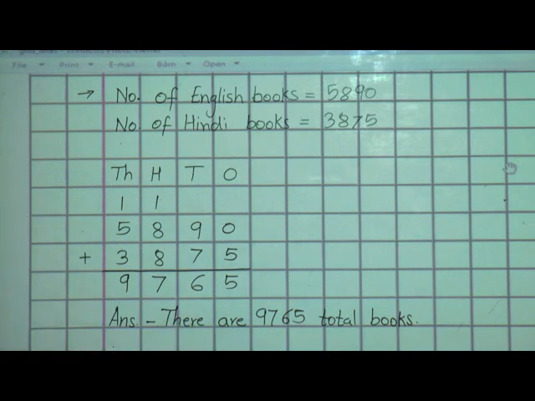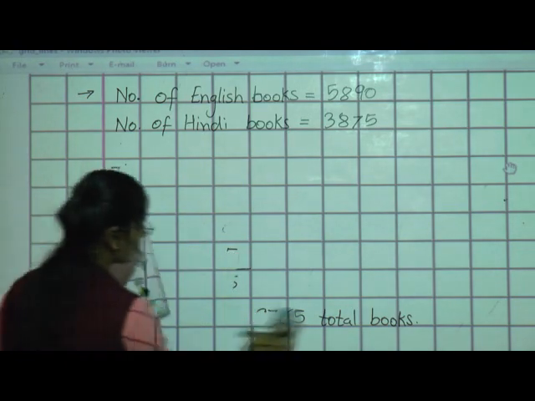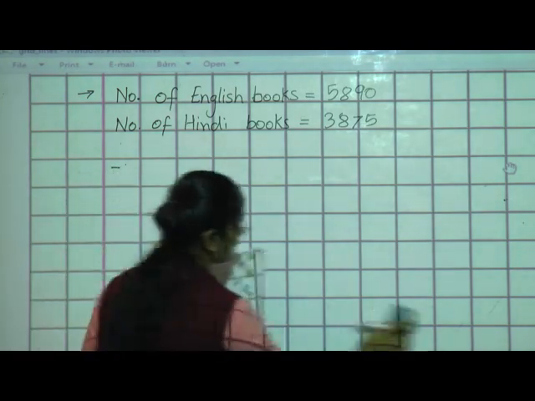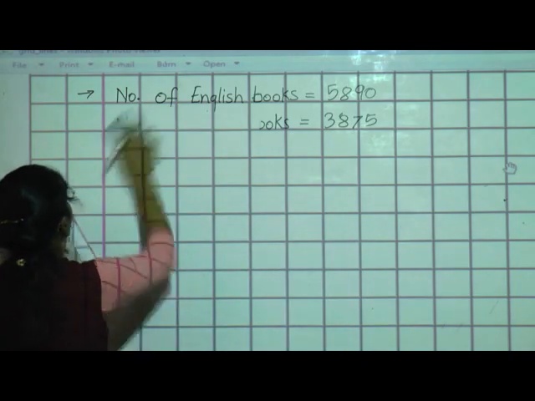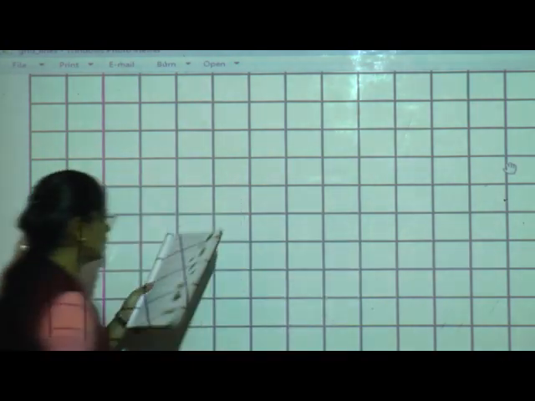Now see the next story sum, the fifth one. Ramesh bought 2 calculators. See Ramesh, how many calculators did he bring? He bought 2 calculators and they cost him rupees 2795 and rupees 1885. How much did he pay in all for the 2 calculators?